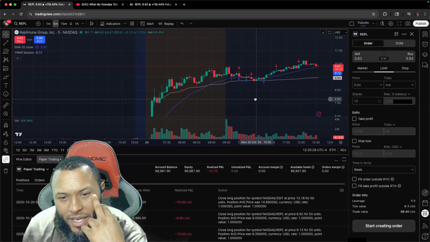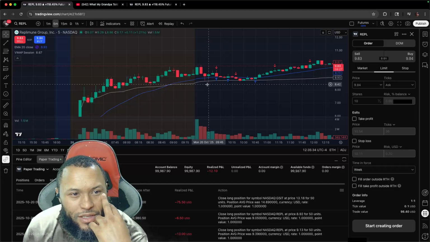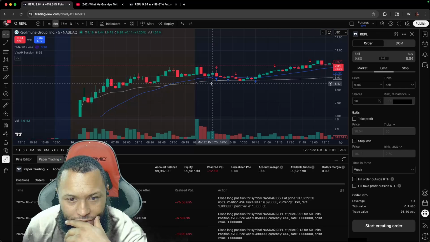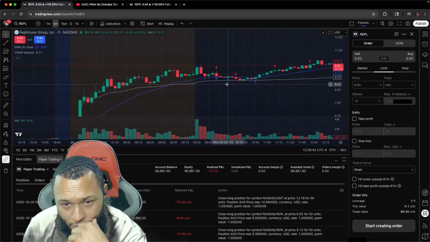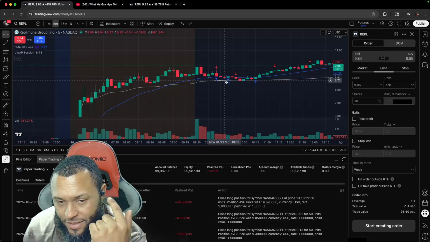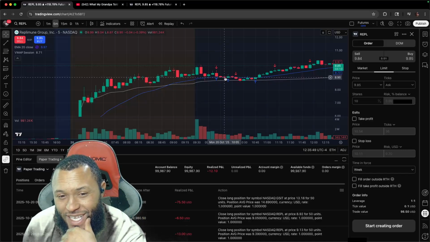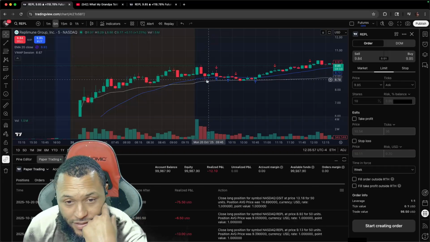Now this one was better in the sense that, what's this low? 86, 87. So I was looking at this pullback as a higher low, as maybe the beginning of an uptrend. So I would rather take this trade than that trade, because this is a lower low, right? So between this low and this high, there's nothing that should have been of interest to me.